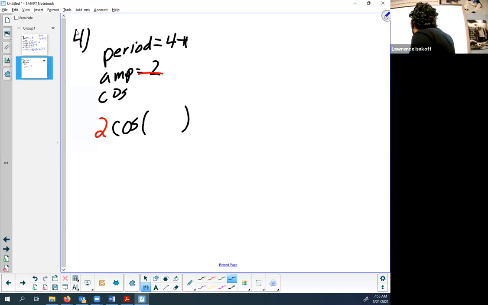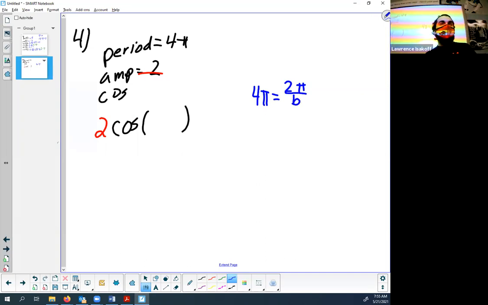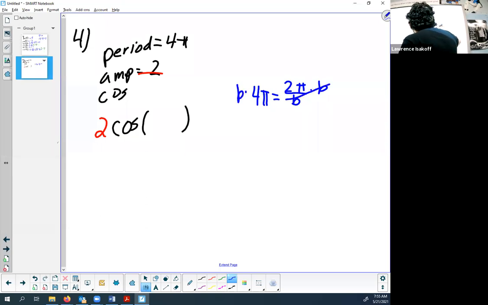Well, I know what the period is. I can say 4 pi is equal to 2 pi divided by b. So I just work that formula backwards and solve for b. To start solving this, I can multiply both sides by b.